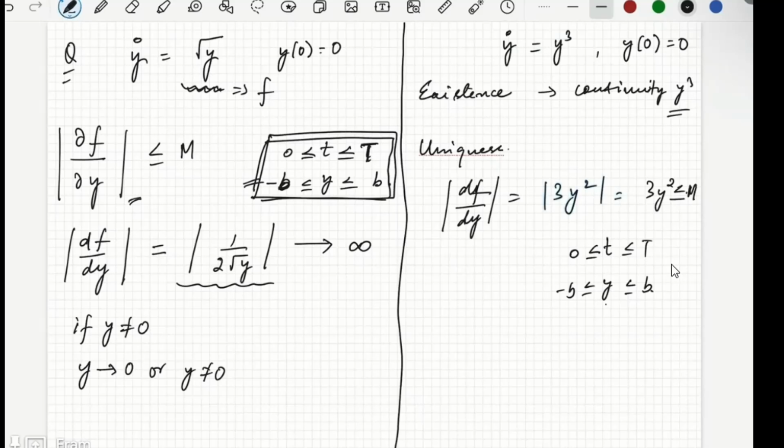If we have defined y less than or equal to b, its bound will be 3b square. So we can conclude that the solution for this differential equation will exist and that solution will be unique as well.